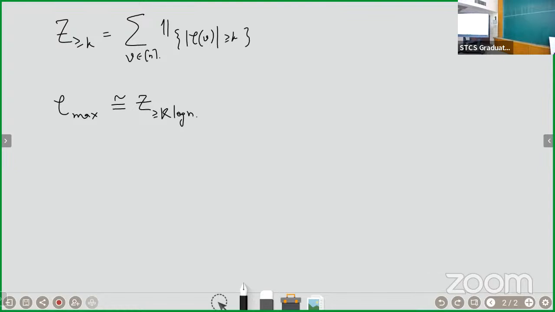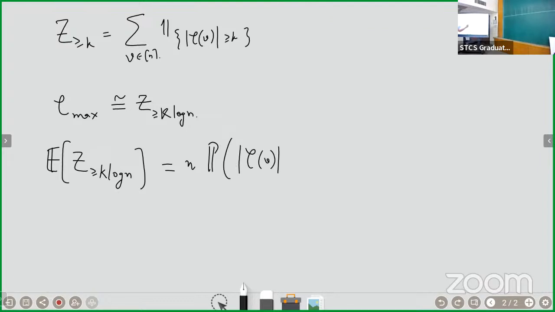So, the next step. We'll first look at the expected number of vertices greater than capital K, and we'll show that this is equal to n times, by definition, using the K analysis.